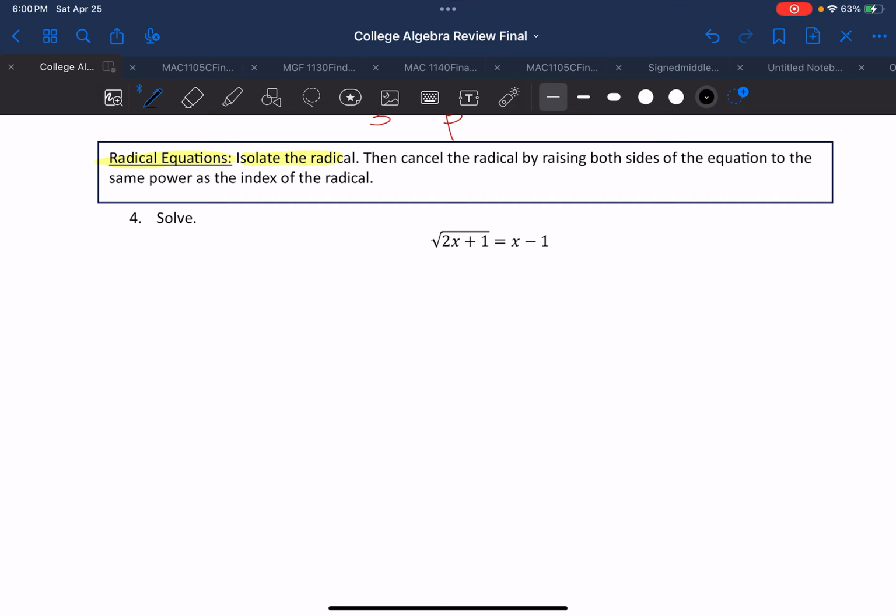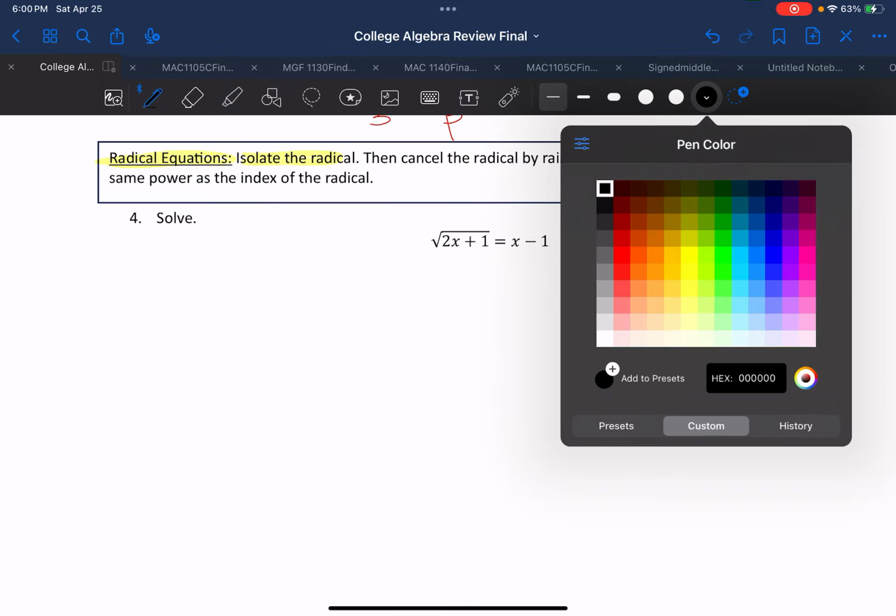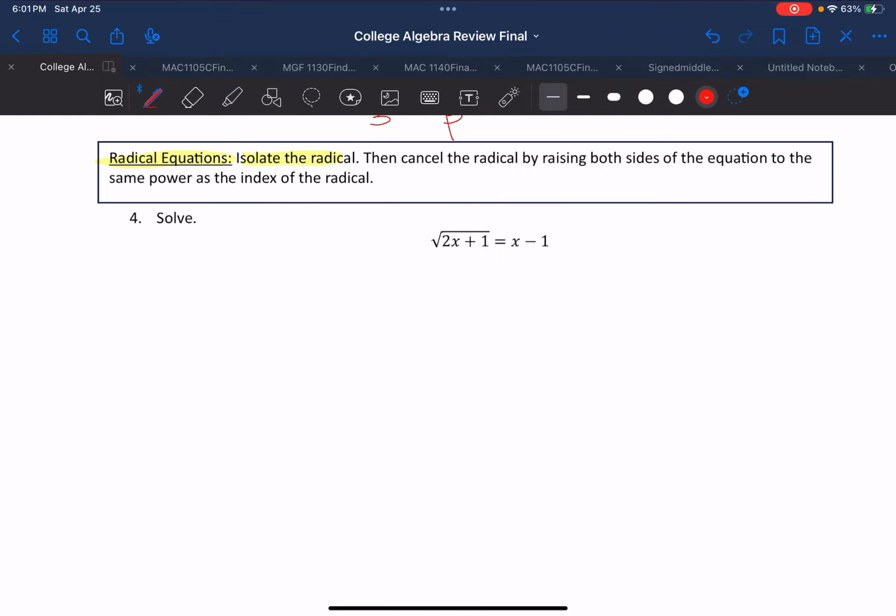So if it's a square root, we'll square both sides. If it's a cube root, you cube both sides. So for this problem, the radical is already by itself on one side, and it's a square root. So I can go ahead and just raise both sides to the power of 2.